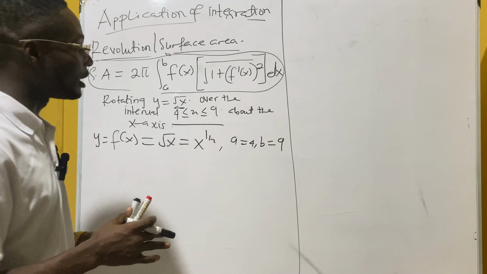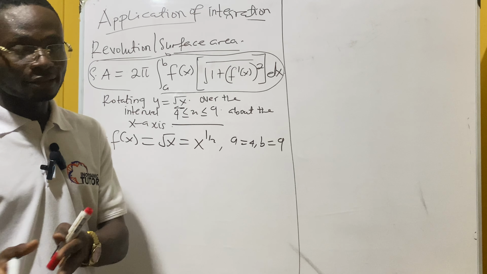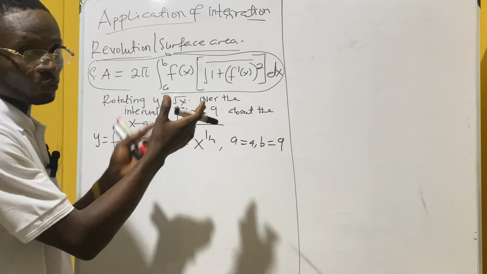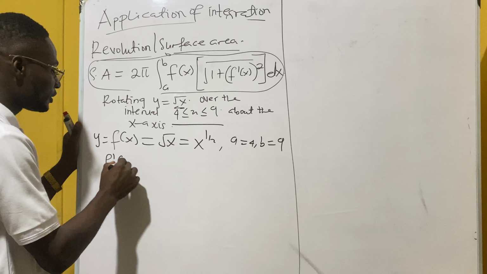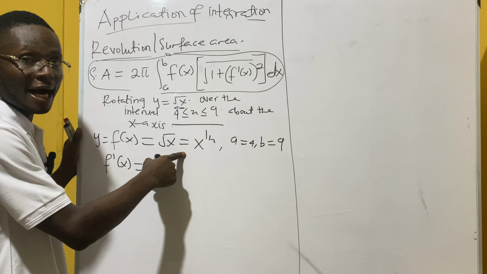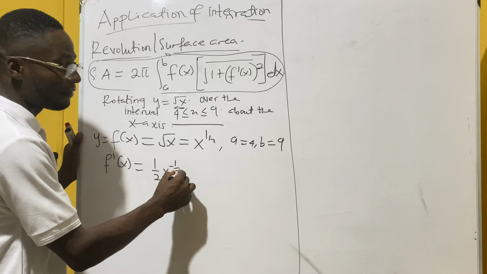What we do is find the first derivative of the function and square it. We have the formula right here, so let's dive into it. Our first derivative of the function, x power half, is going to be half x power negative half.